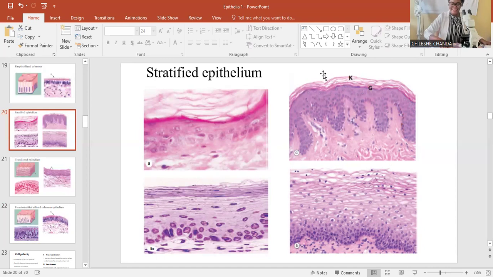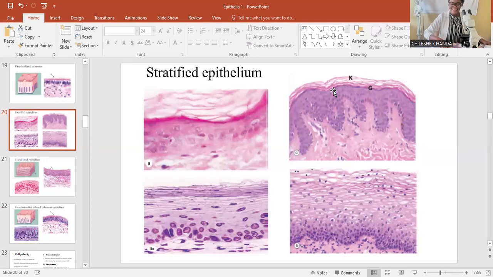Now, when it comes to epithelial tissue that has keratin, for example, the skin itself, then you are going to call this epithelium keratinized stratified squamous epithelium. Keratinized stratified squamous epithelial tissue.